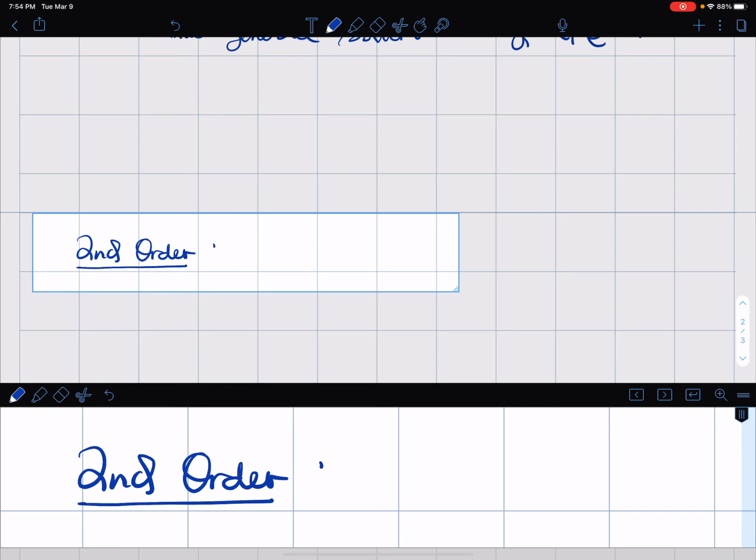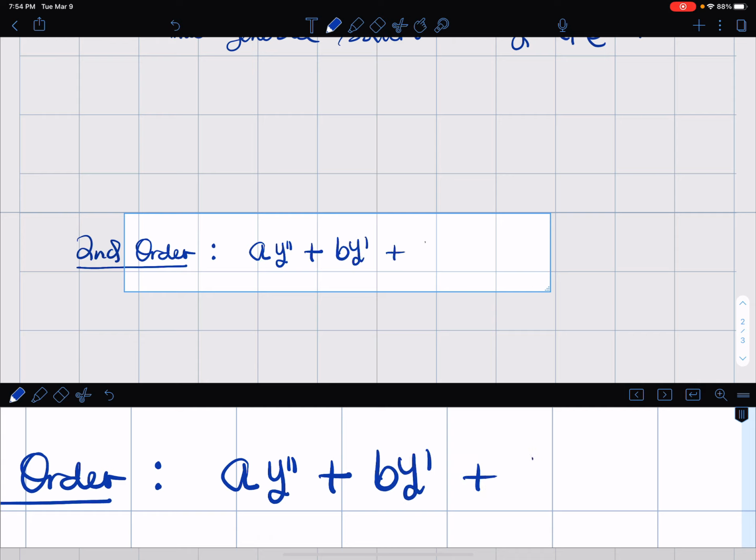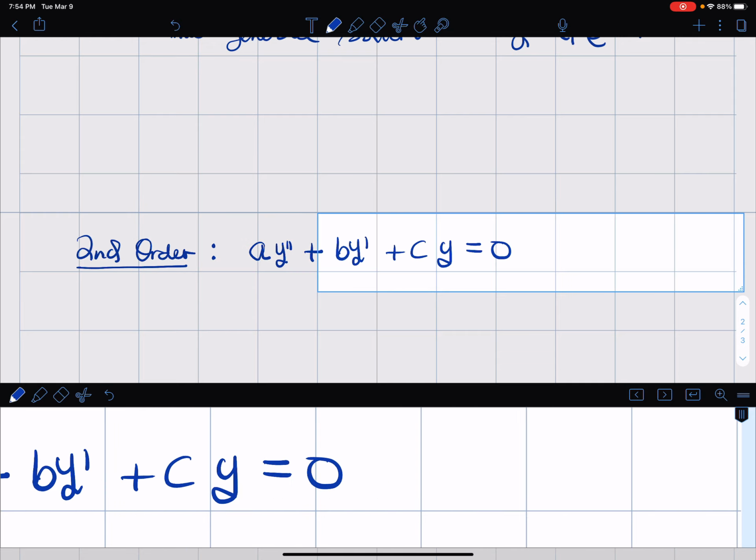We want a second order homogeneous equation with constant coefficients. So let's call it a y double prime. Instead of a1, let's use b y prime plus c y equal to 0. Okay? And here a, b, and c are all constants.